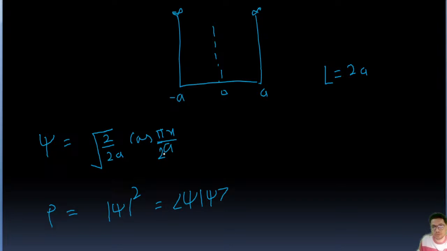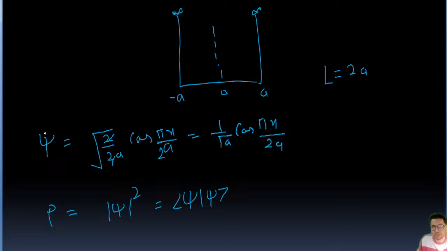So probability is going to be, very simple question, the integration from minus a by 2 to plus a by 2, because between this we need to find, of psi star psi dx. This is the psi, and psi star is also the same, so we can write 1 upon root a cos of pi x upon 2a, because 2 will get cancelled.